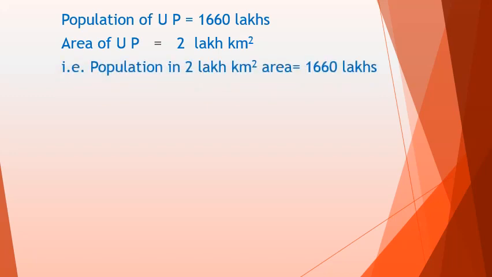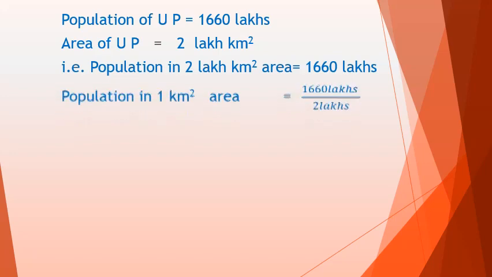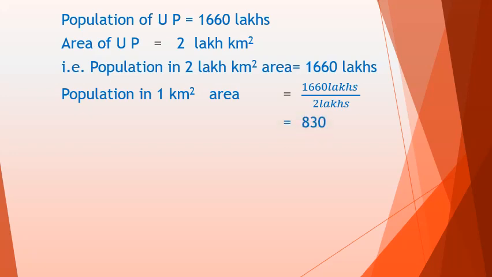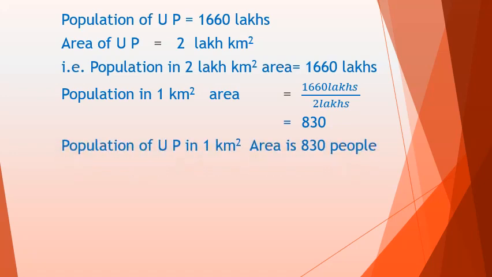That is, population in 2 lakh kilometer square area equals 1660 lakhs. Therefore, population in 1 kilometer square area equals 1660 lakh upon 2 lakh. After cancelling, we get 830. That means in UP, in 1 kilometer square area, 830 people live.